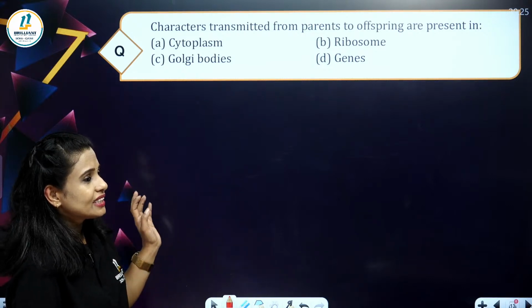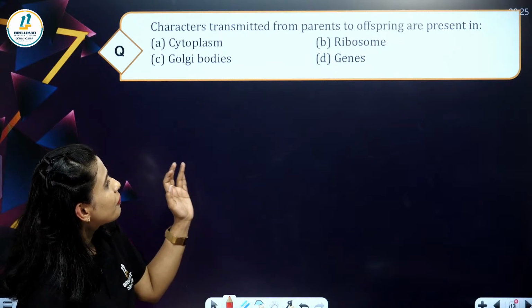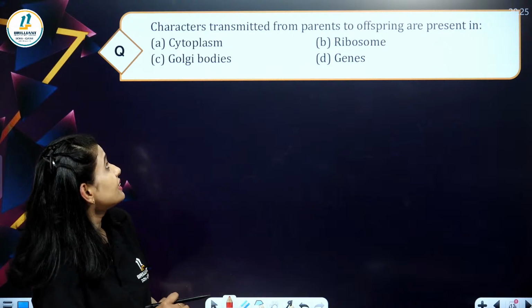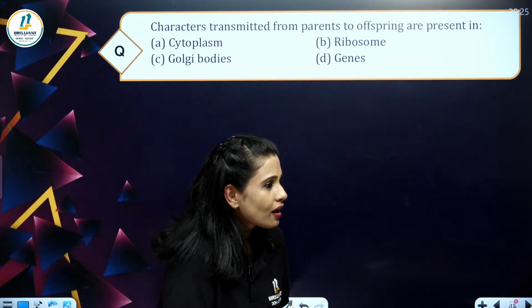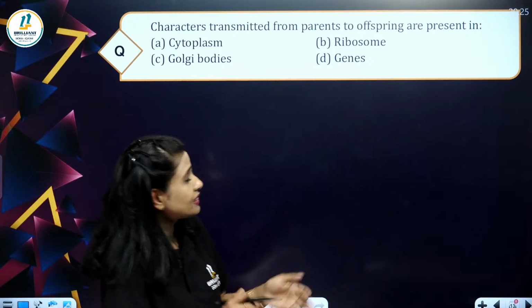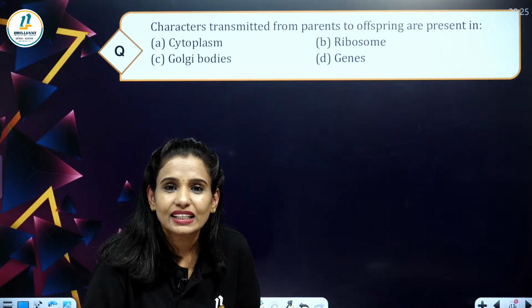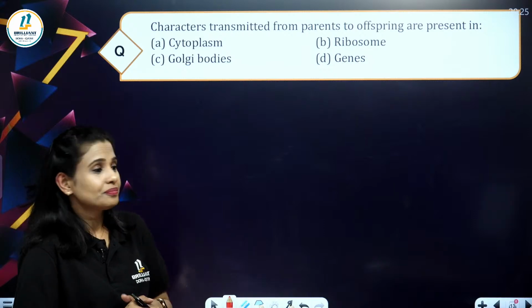Okay, next question. Characters transmitted from parents to offsprings are present in. Where are the characters present?